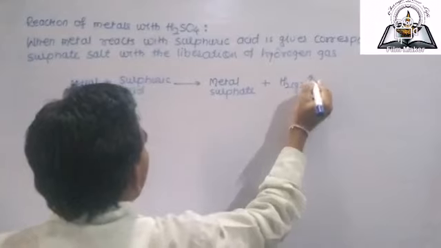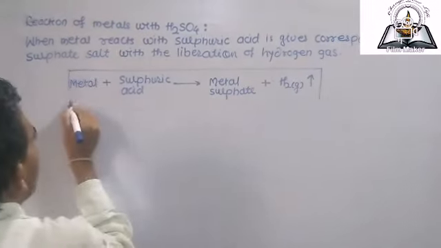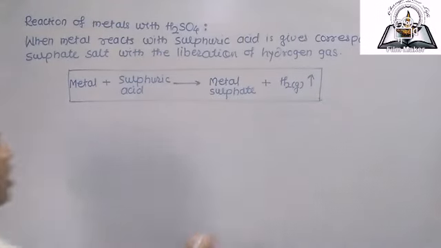So hydrogen gas gets liberated. This is the general chemical reaction when the metal reacts with the sulfuric acid. Metal reacts with sulfuric acid to give metal sulfate, plus hydrogen gas is liberated.